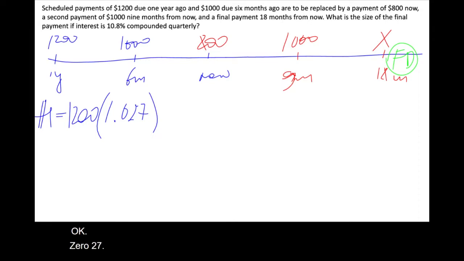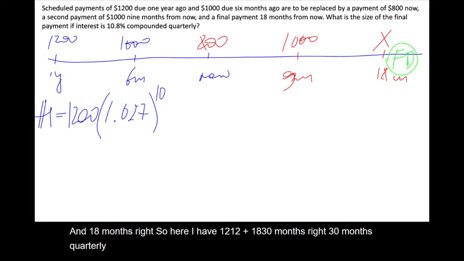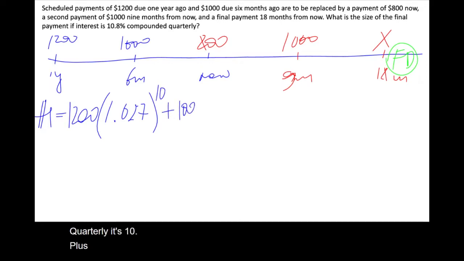And 18 months, right? So here I have 12 plus 18, 30 months. 30 months quarterly, it's exponent 10, plus 1000.